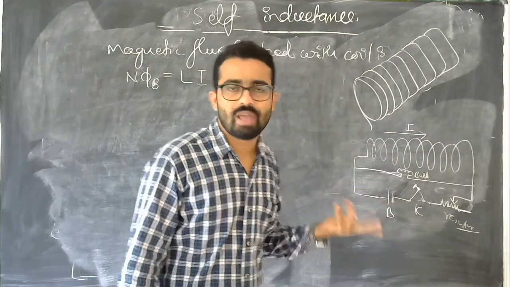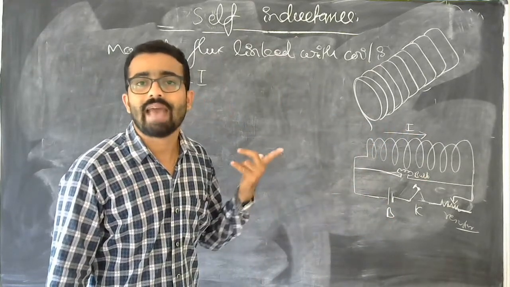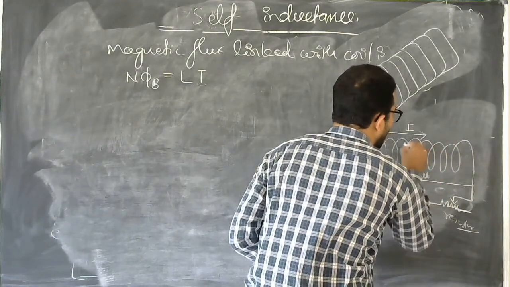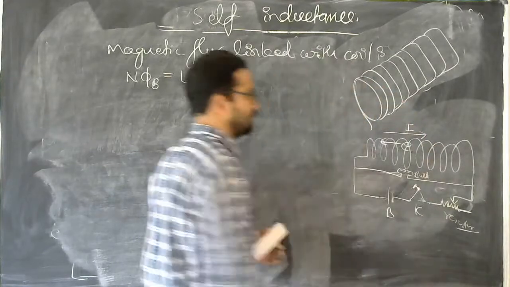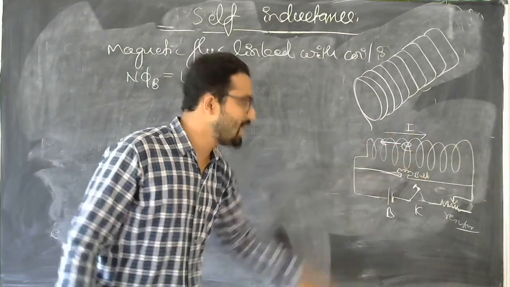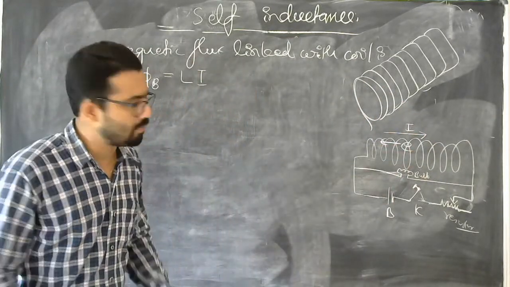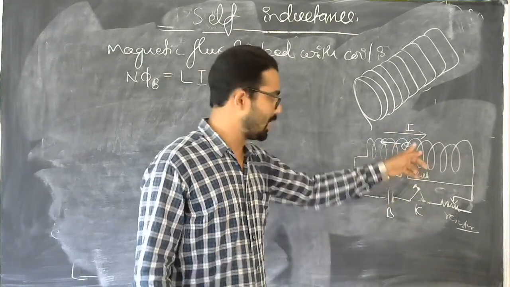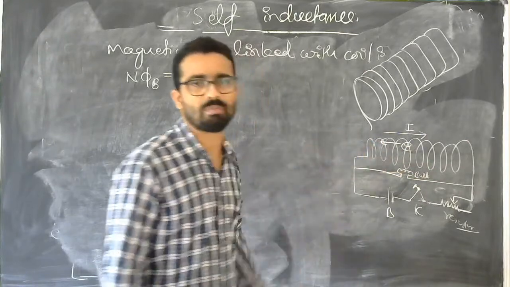That EMF will be in a direction opposite to the direction of this current. What I am writing here is E. E is an induced EMF. The induced EMF opposes that current. That is why the induced EMF is in this direction.